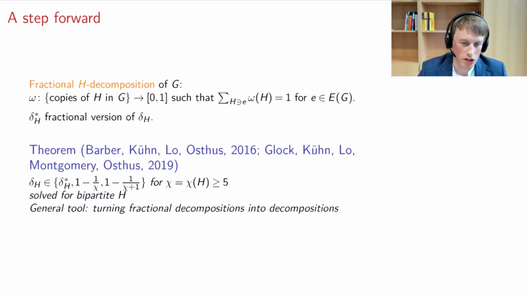Whenever H has chromatic number at least 5, so essentially almost all cases, we know the decomposition threshold is one of 3 potential values, 2 of which are determined by the chromatic number chi, and the third is the fractional decomposition threshold.